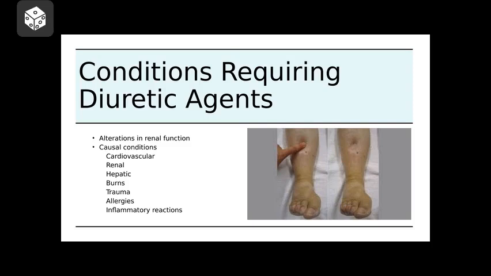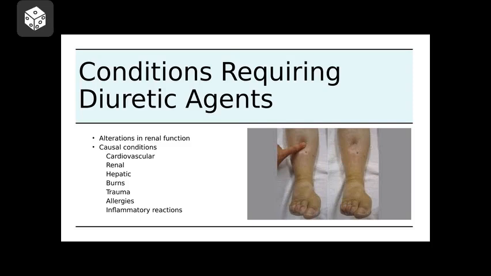Let's talk about what causes that edema, though. So we can talk about increased capillary permeability. Increased capillary permeability is part of the response to tissue injury or allergic reactions.